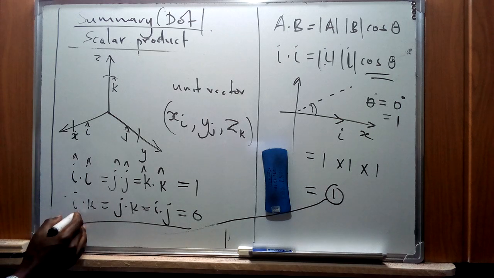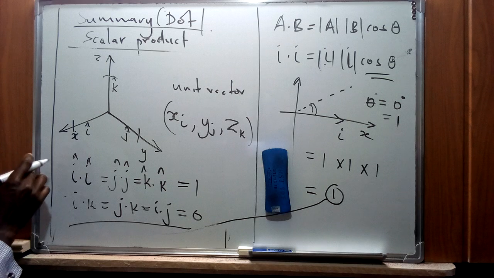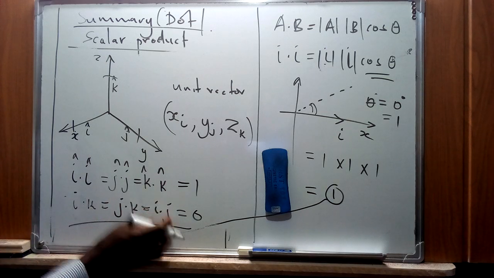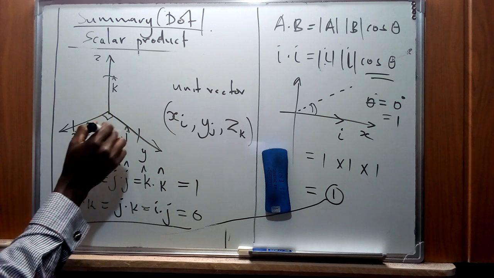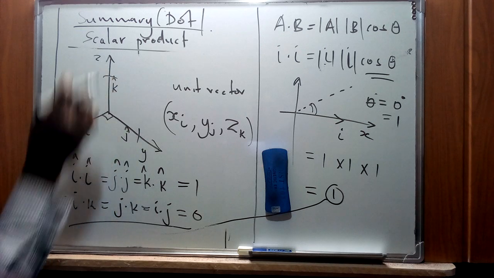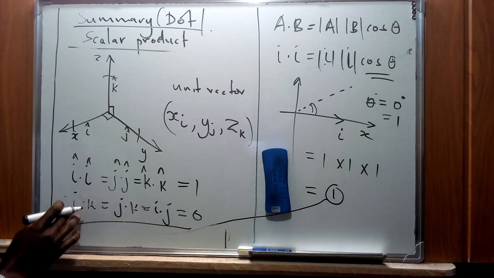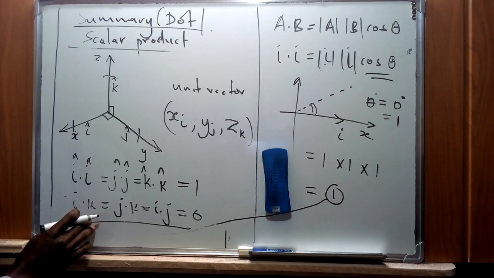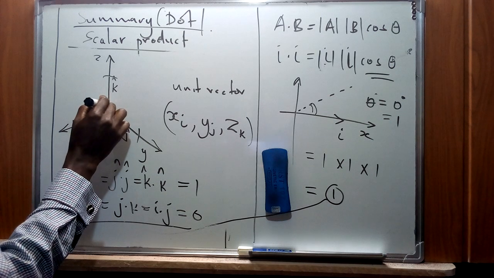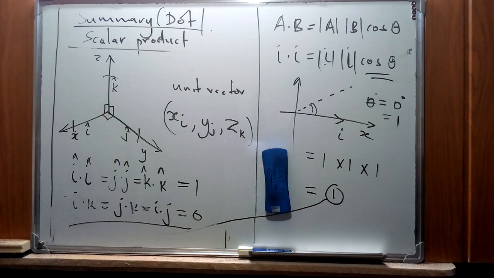So the dot product of these specific vectors, like i j, this is 90 degrees, j k, this is 90 degrees, and then i k, this is also 90 degrees. So when we're doing a dot product of two vectors which are 90 degrees, or orthogonal to one another, then it's going to give us 0.